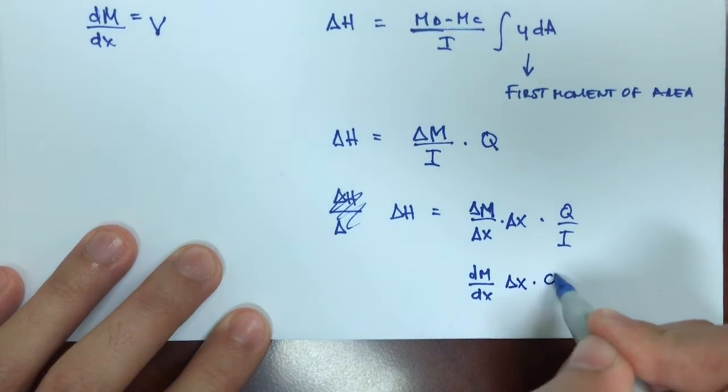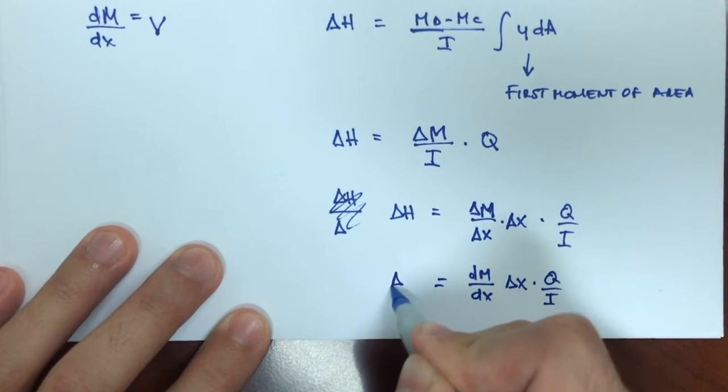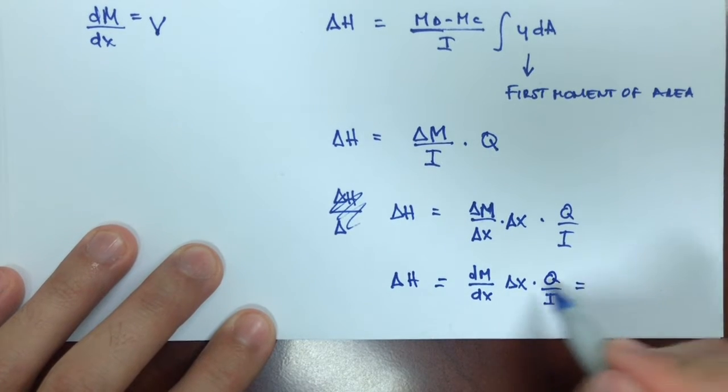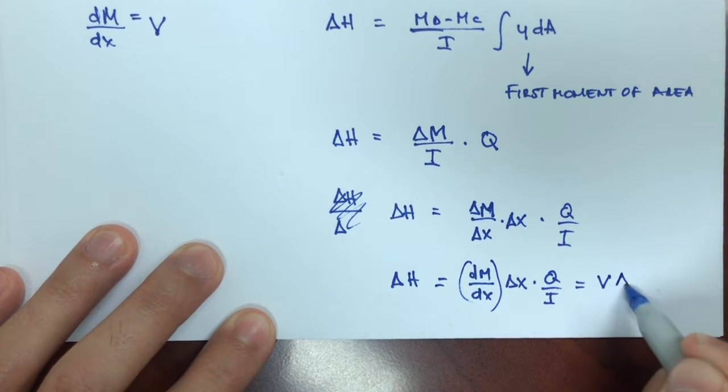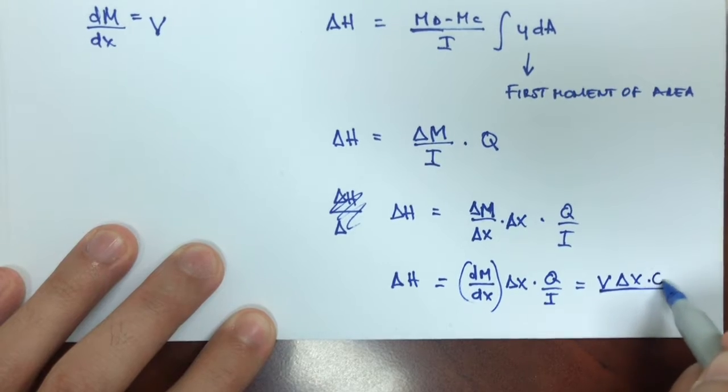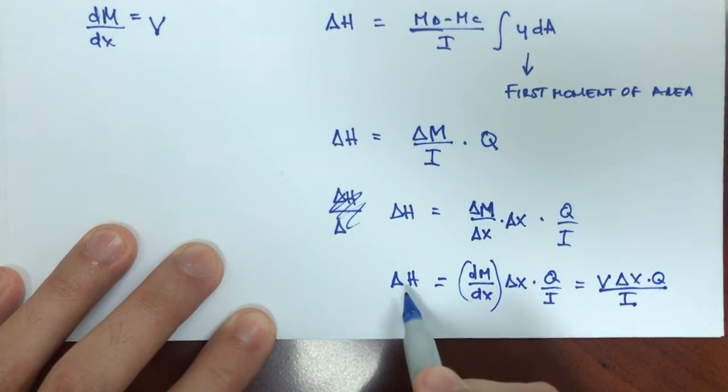So delta x Q over I. Okay, so V times delta x times Q over I. That would be the force.